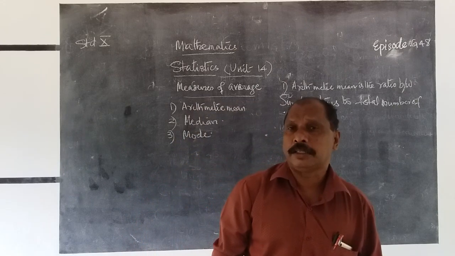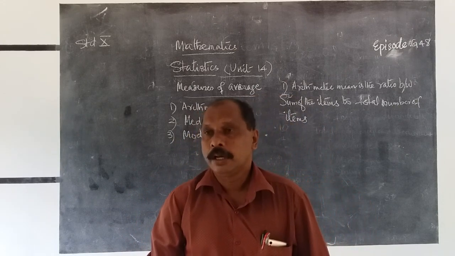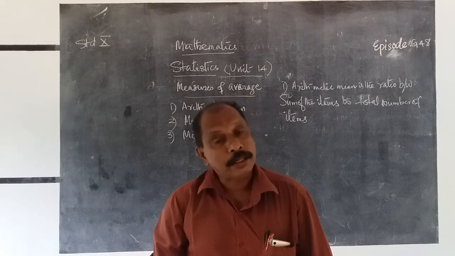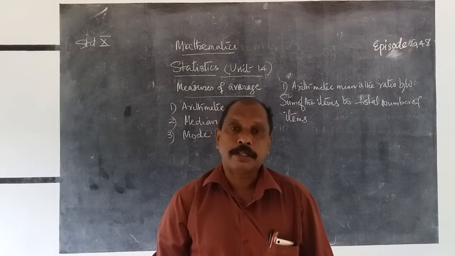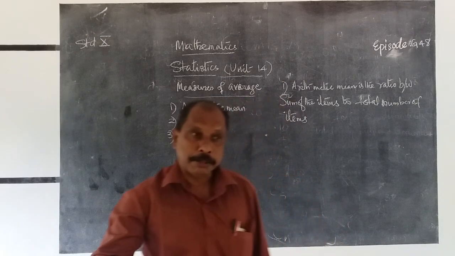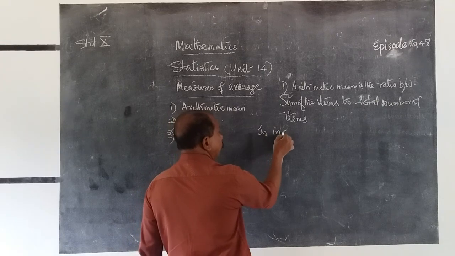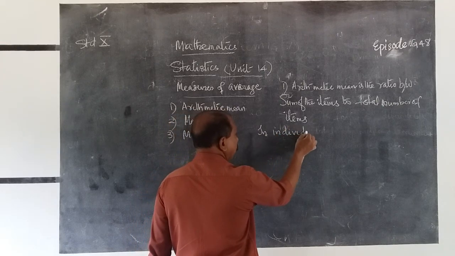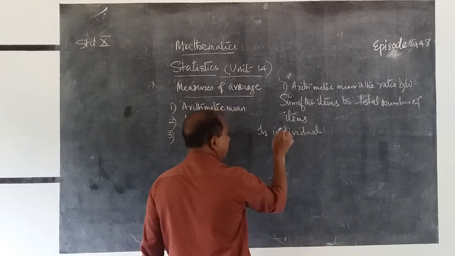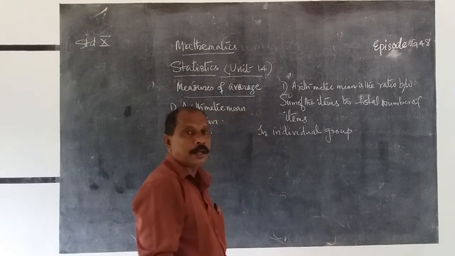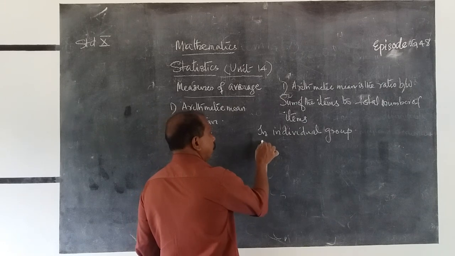That means we take the sum of all numerical values. That is divided by the total number of items. We get arithmetic mean. That means in individual group, arithmetic mean.